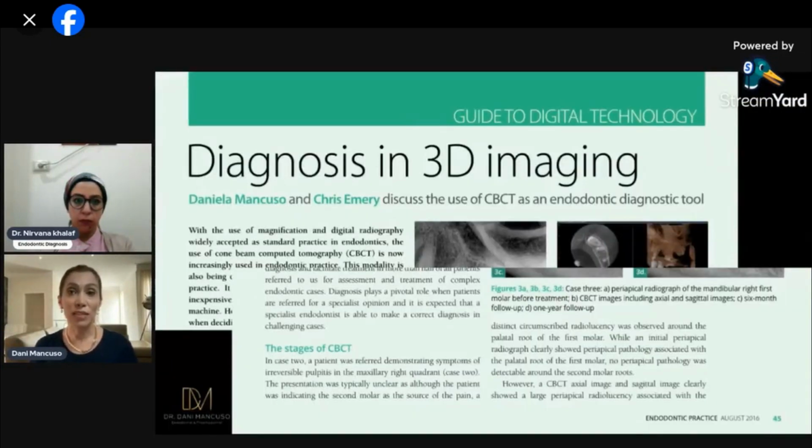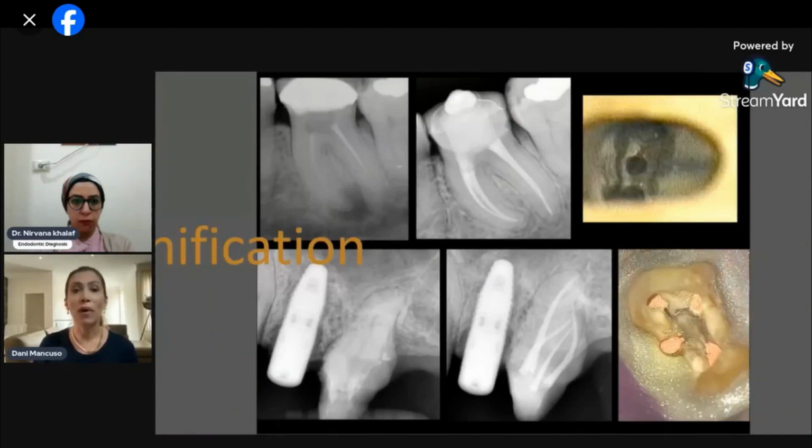But since 2008, there were cases that we were struggling with quite a lot. And I started working with the CBCT, and I never looked back. Because the CBCT, if you combine it with magnification, gives you so much information.